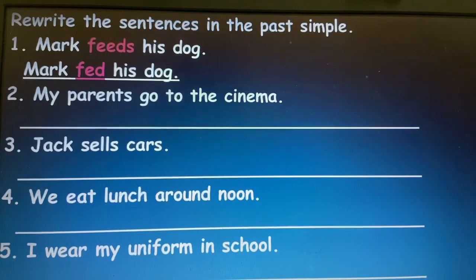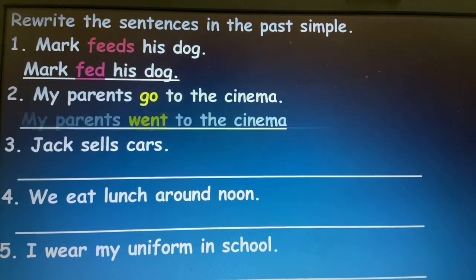Number 2, my parents go to the cinema. The infinitive verb is go. It becomes went. My parents went to the cinema. Number 3, Jack sells cars. The main verb is sells.